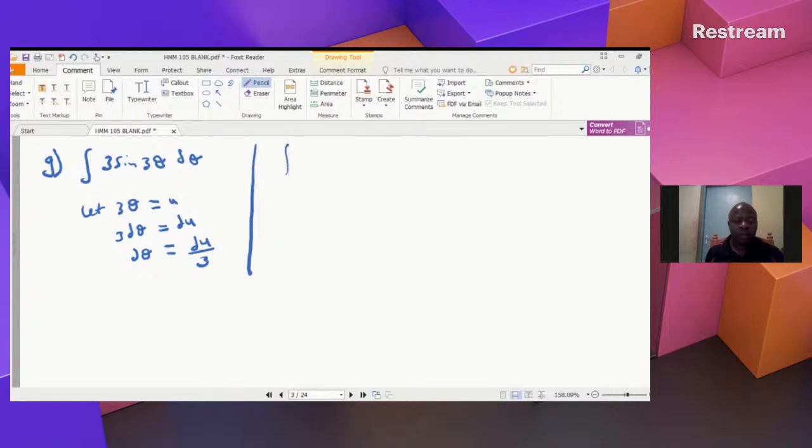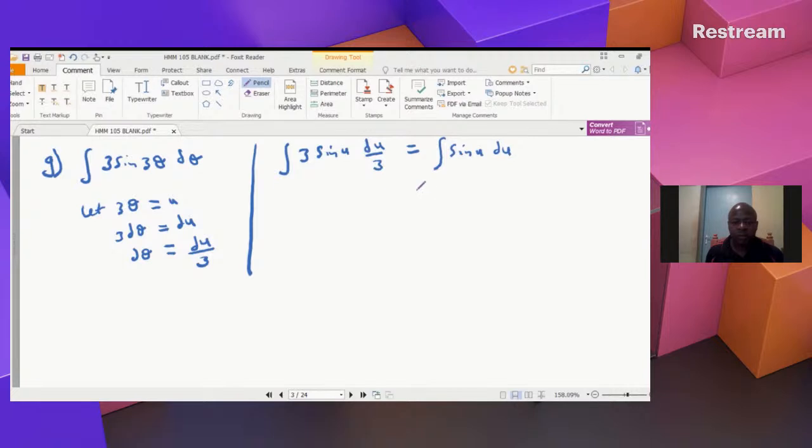This will be the integral of 3 sine of u, and instead of d theta, you have du out of 3. You notice that this 3 and that 3 will cancel. Otherwise, you would have taken the constant outside the integral sign. But if 3 and 3 cancel, what we have is the integral of sine of u du.